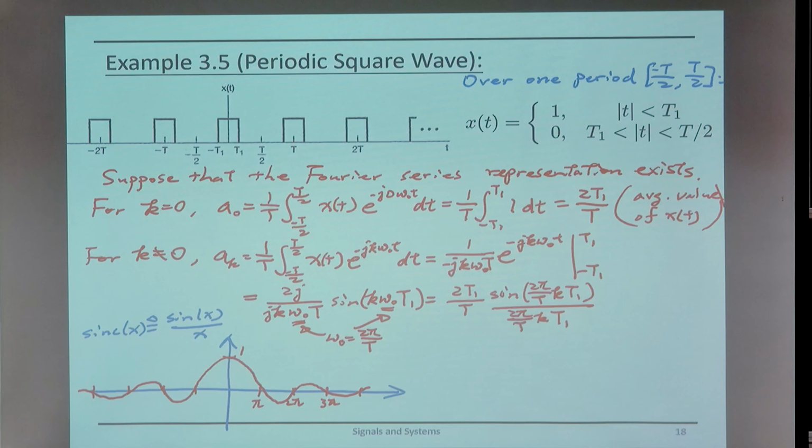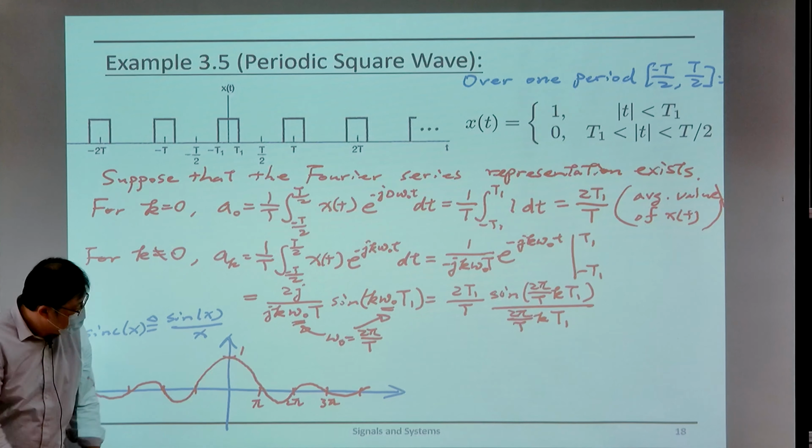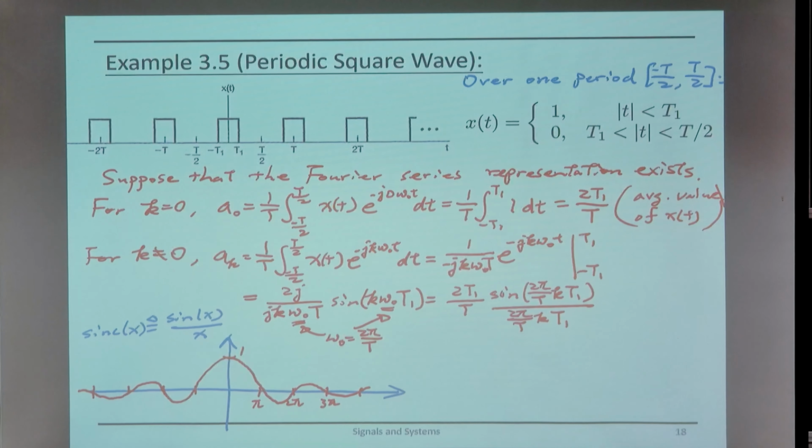You have a peak at 1, and it should cross at pi. And then you have zero crossing points at minus pi, minus 2 pi, minus 3 pi, and so on. So this is a sinc function, and you're going to see this quite often in our discussions later on.